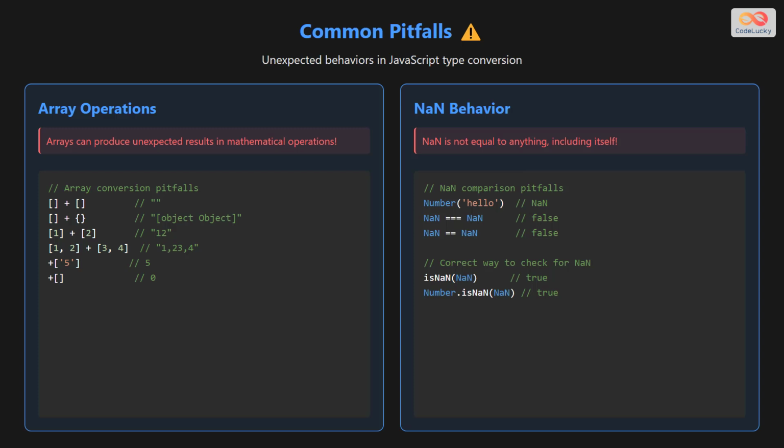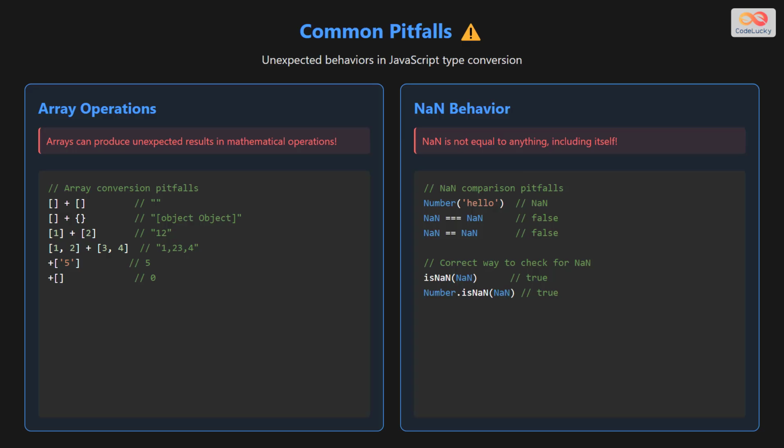Type conversion in JavaScript has some pitfalls that you should be aware of. In certain situations, arrays can produce unexpected results when used in mathematical operations. For example, if you add two empty arrays, you will get an empty string. Adding an empty array to an empty object will result in a string object. When adding two arrays containing numbers, you get the numbers as strings concatenated together.